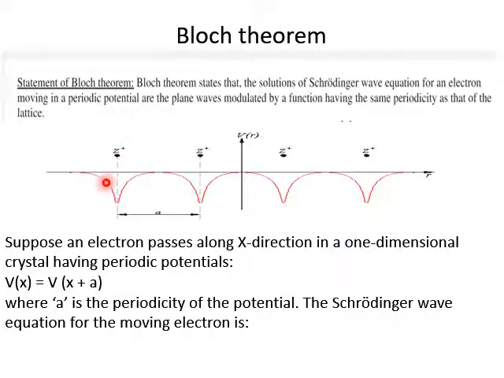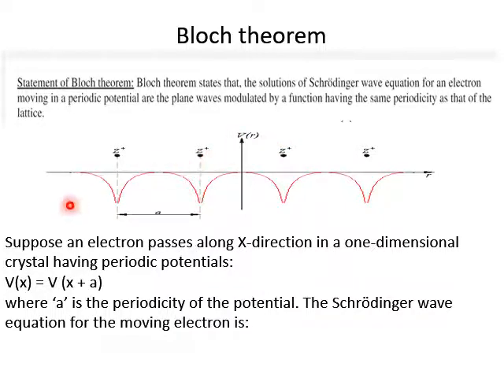Bloch theorem gives us the Schrodinger wave equation solution for an electron moving inside this periodic potential well. You may say, ma'am, we have already done the solution of Schrodinger wave equation for a one dimensional potential well.